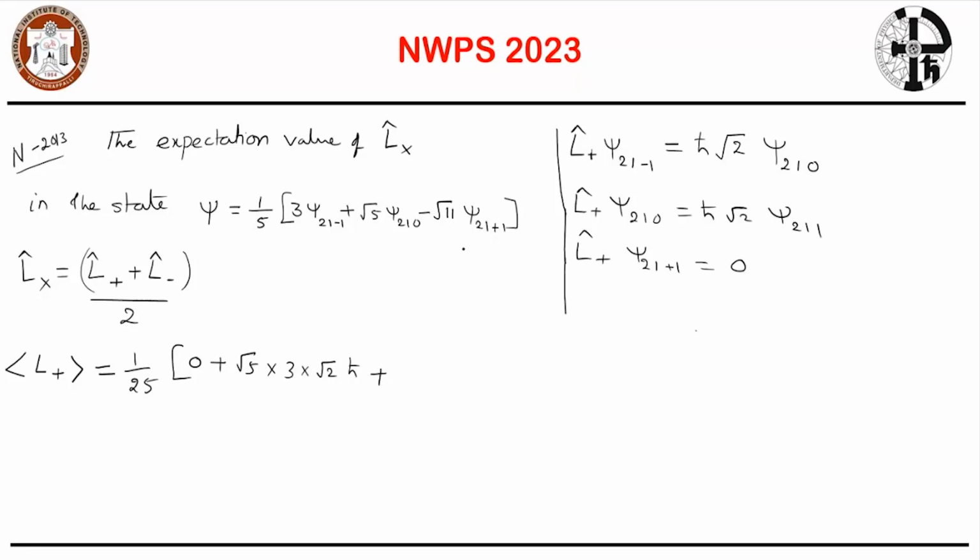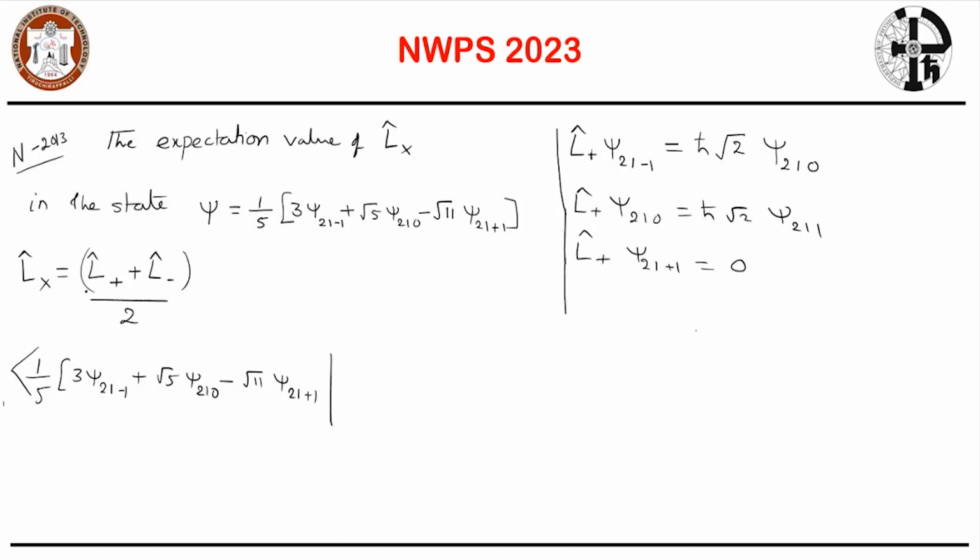I hope you understand what's happening. If you want, let me do it anyway. On one side I have 1 over 5 times 3 psi 2, 1, minus 1 plus root 5 psi 2, 1, 0 minus root 11 psi 2, 1, 1.